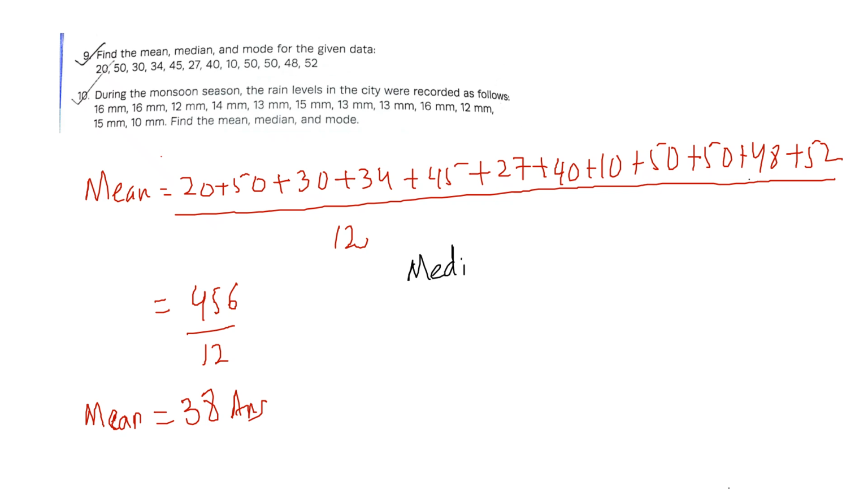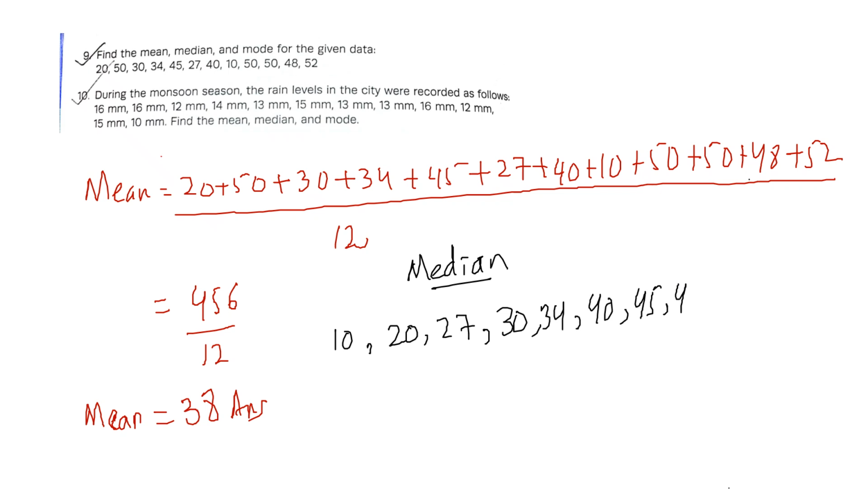And when you arrange it, the first number is 10, then 20, 27, 30, 34, 40, 45, 48, 50, 50, 50, and 52.